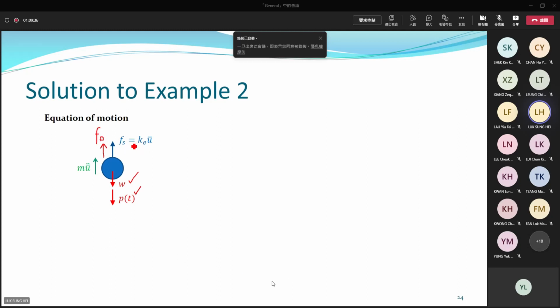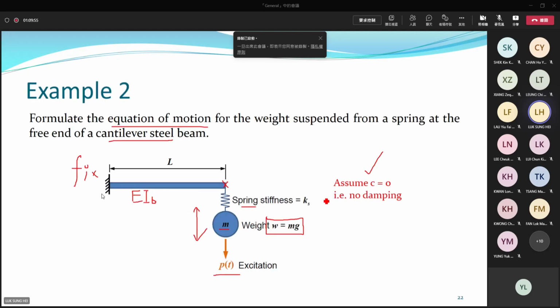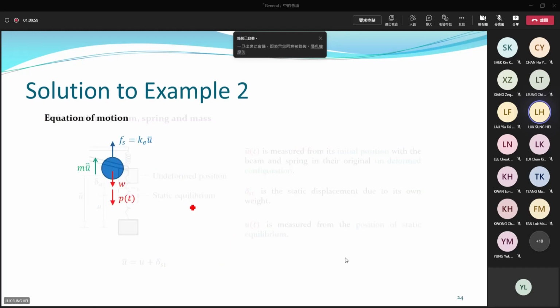Stiffness force equals the system stiffness times the displacement. We use the undeformed position at the beginning, so the static force is equal to system stiffness times U bar. Normally there is a damping force, but to make things simple, we assume no damping, to make the formulation easier at the beginning.